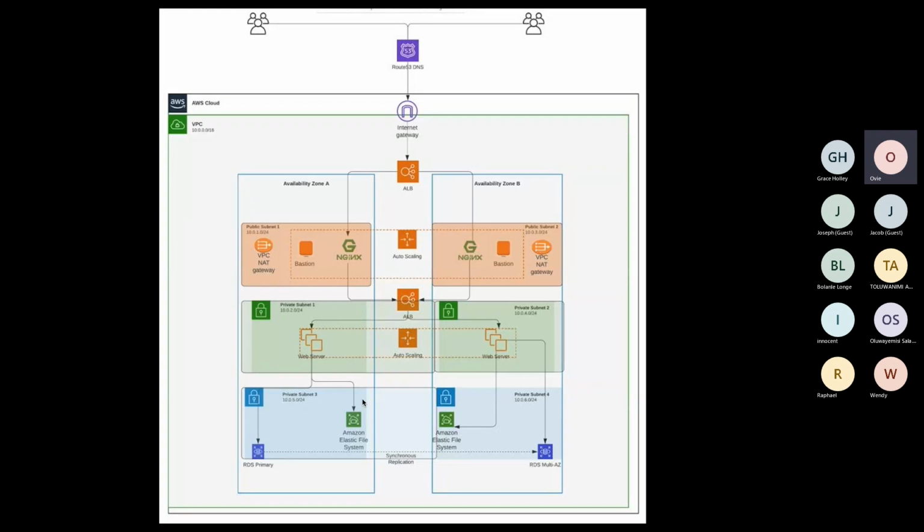So basically, this is the architecture. Everything you're seeing is in the cloud in a VPC, and we have two main availability zones for high availability. Anytime you hear the need for high availability, think of more than one availability zone.